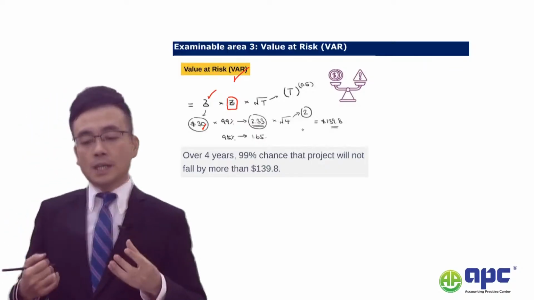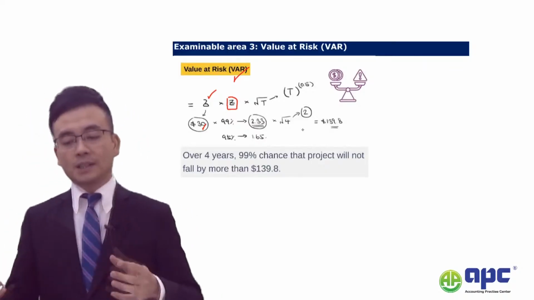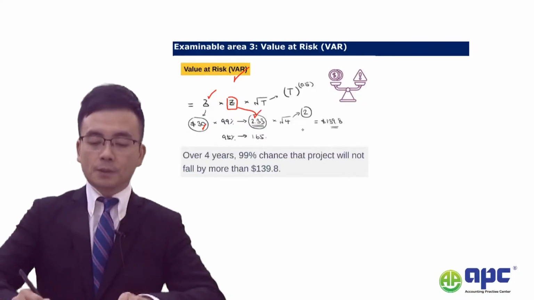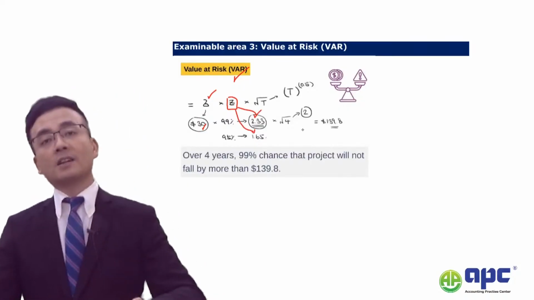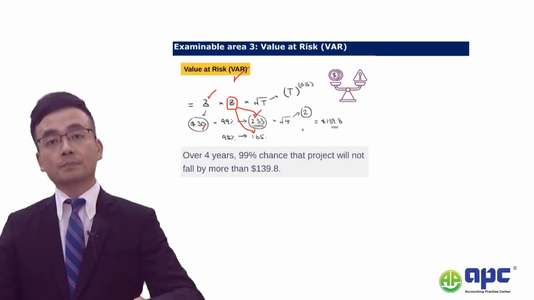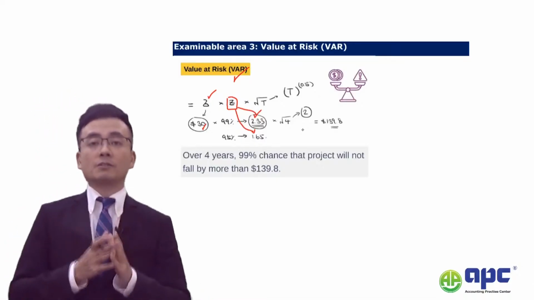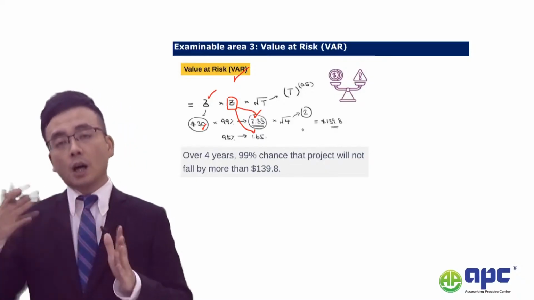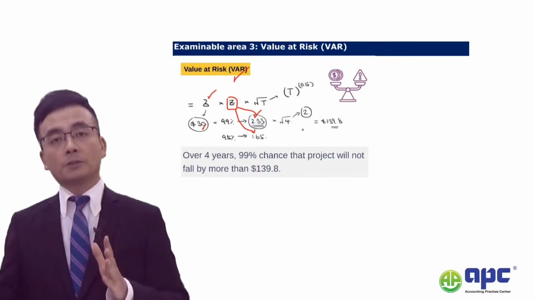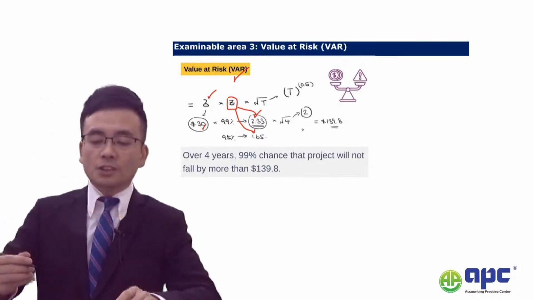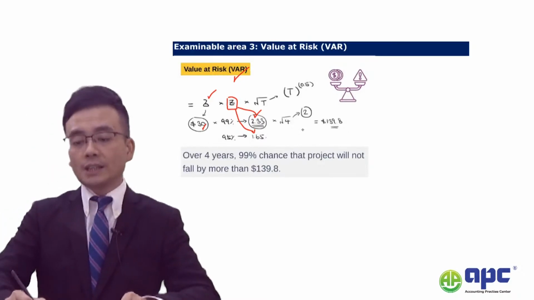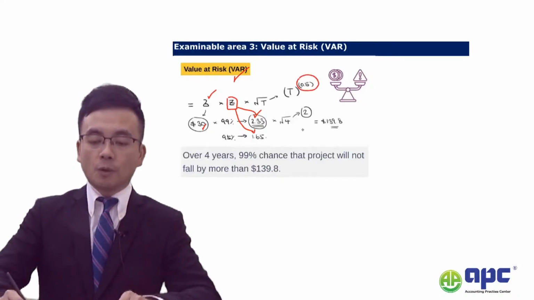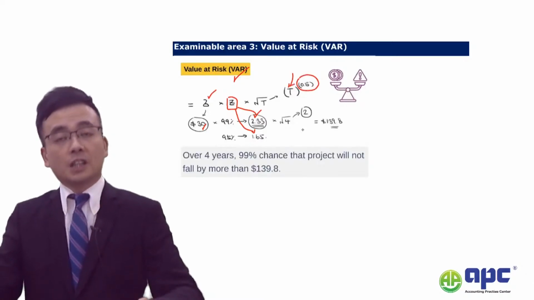For example, if it talks about 99% confidence level, the Z value will be 2.33, or 1.65 if it is 95% confidence level. Sometimes the value at risk will be only for 1 year, or it could be over a particular period of time. So you will need to take the square root, which means the power of 0.5, for the duration, for the time period.